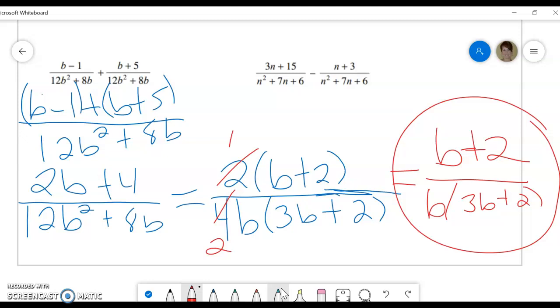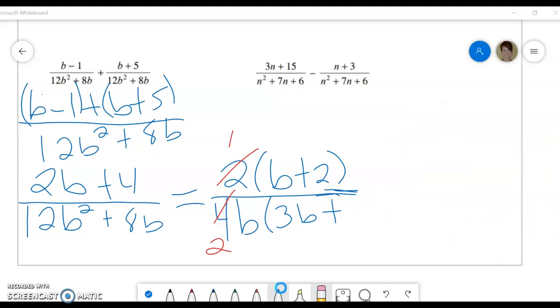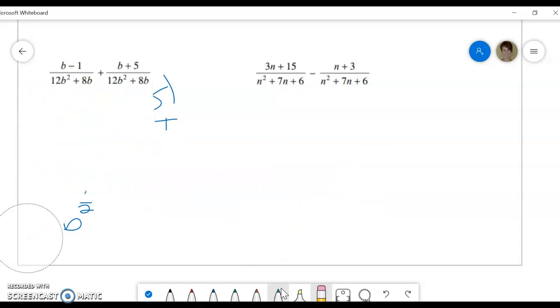And then last but not least, we have one more. This is subtraction, so you have to be really careful. Every year I see students make that mistake of not subtracting the entire n plus 3 in this problem. So please be really careful.